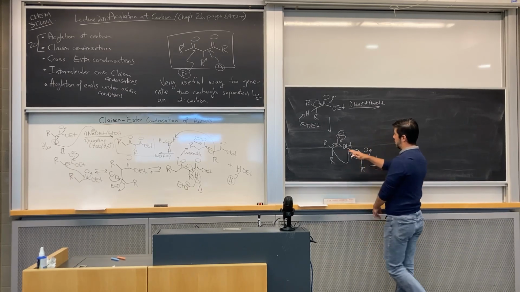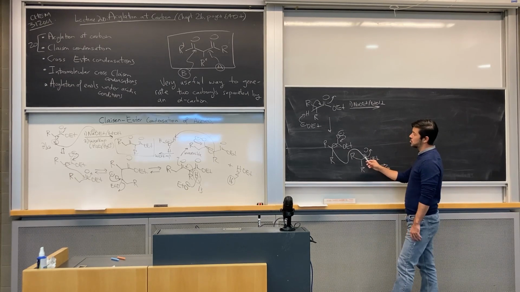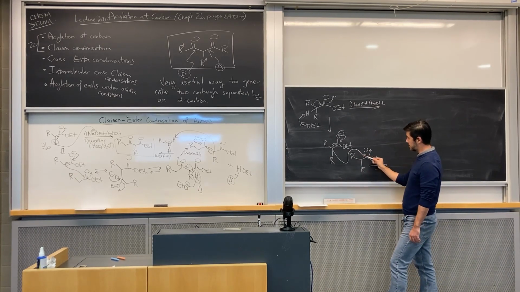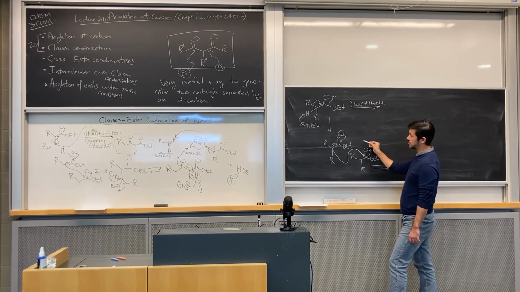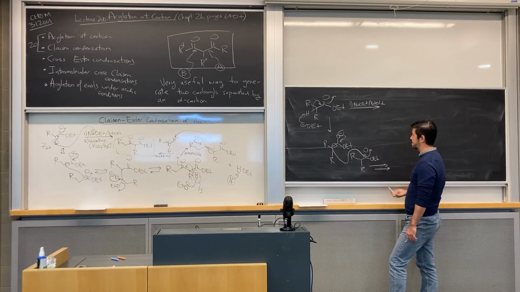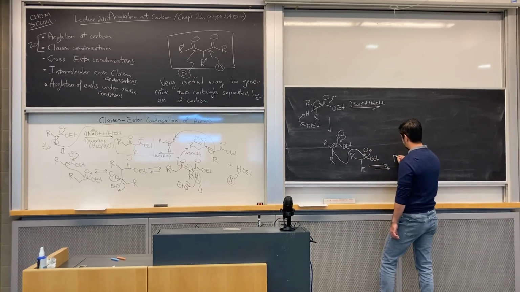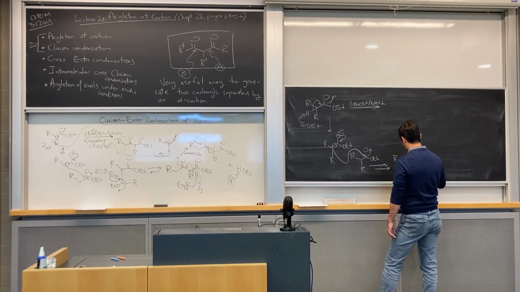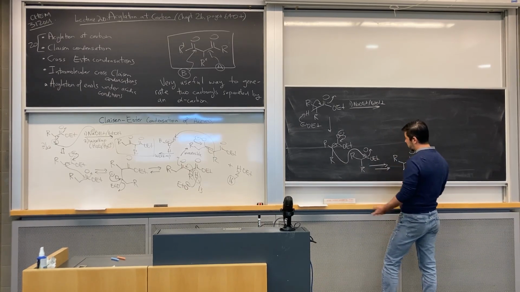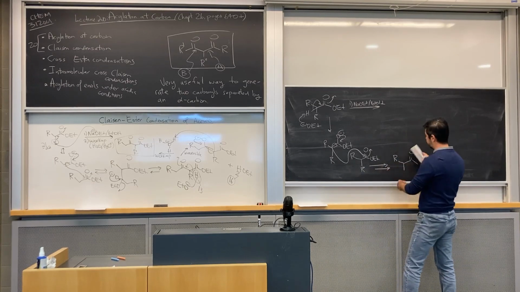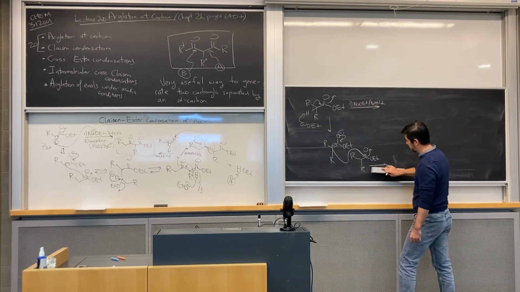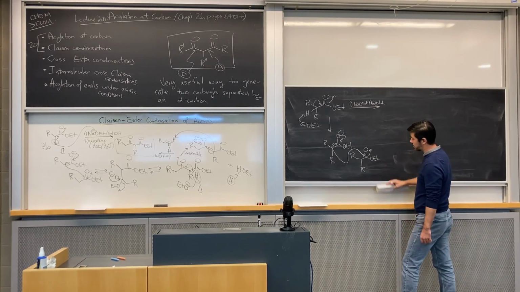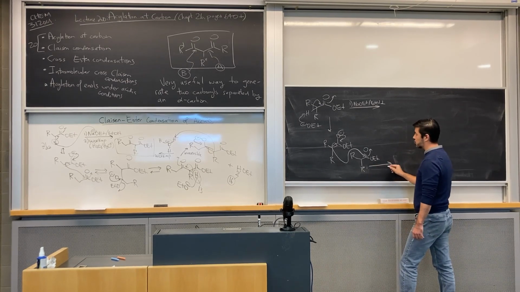And I won't go through all those mechanistic steps. You can see that once this comes and reacts, then your tetrahedral intermediate will come back down. Well, you know what? Maybe I'll just go through all the steps just to make it consistent. I want to make sure if I'm asking you for a mechanism that you show me all the steps.